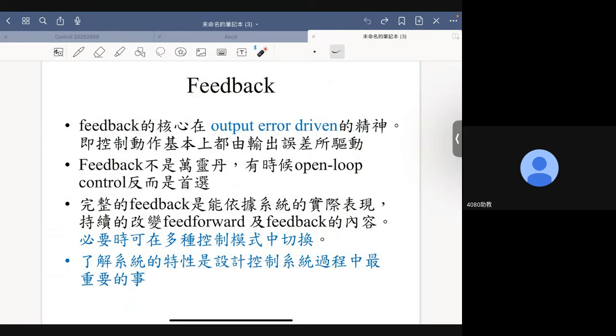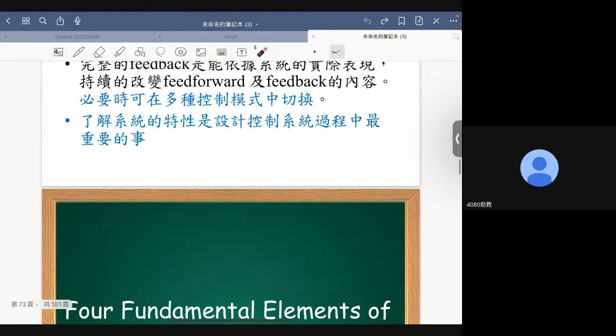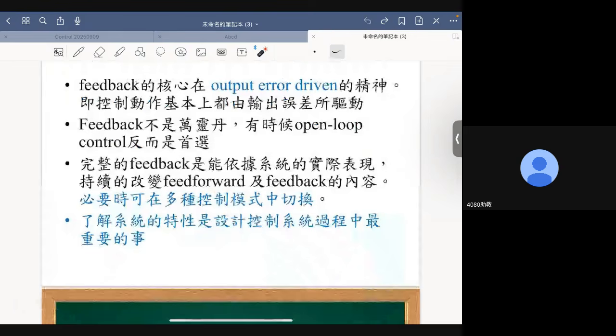Actually, it's relatively simple, and if you know feedback, planning for feed-forward control is very natural and very straightforward. That I think is the reason why the majority of the control textbooks, or all of them, pay their attention mainly to feedback control.